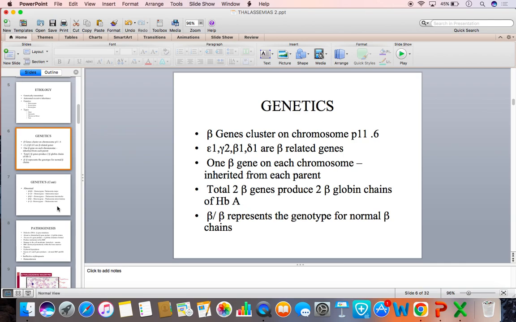That means there is one gene for the epsilon chain, two genes for the gamma globin chain, one gene for the beta globin chain, and one gene for the delta globin chain. Epsilon, gamma, beta, and delta are related to beta globins.